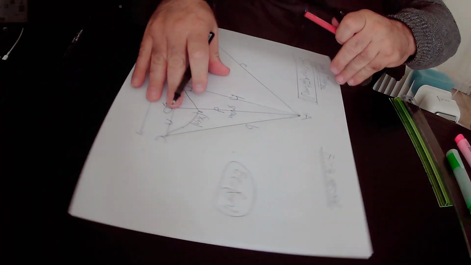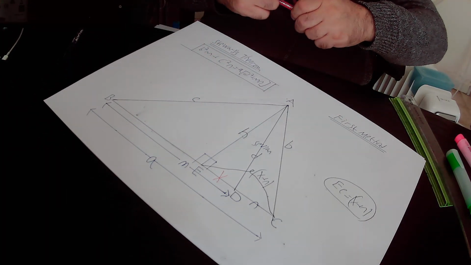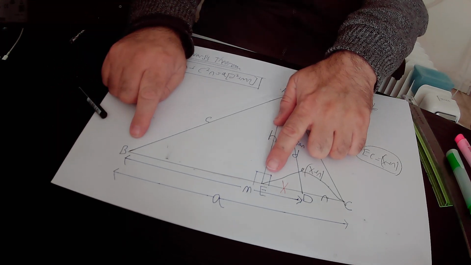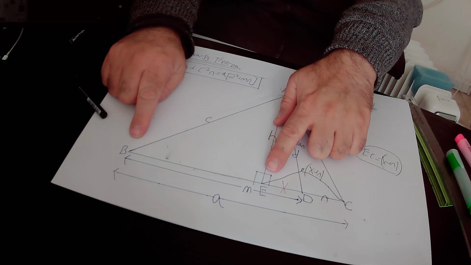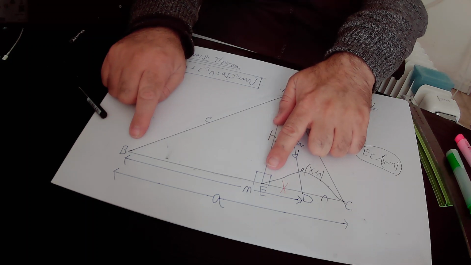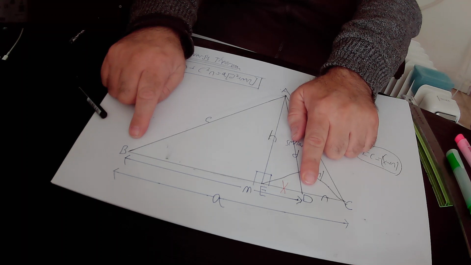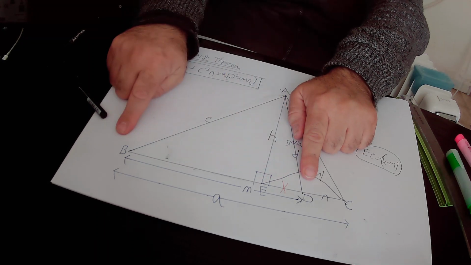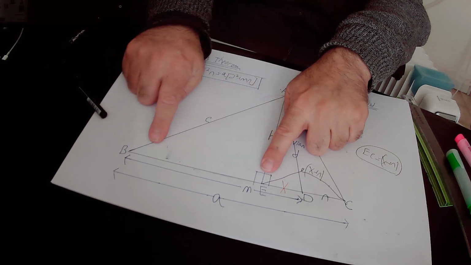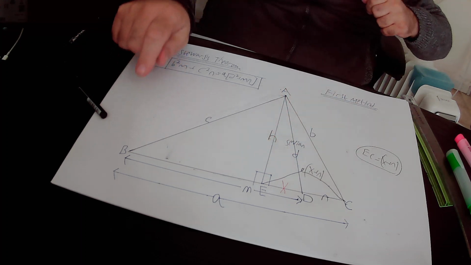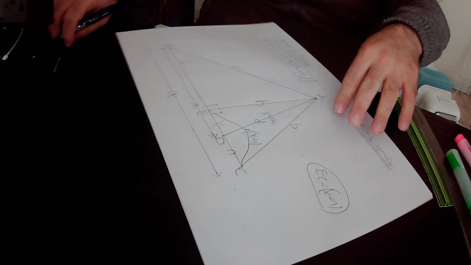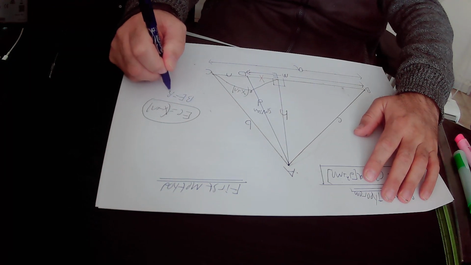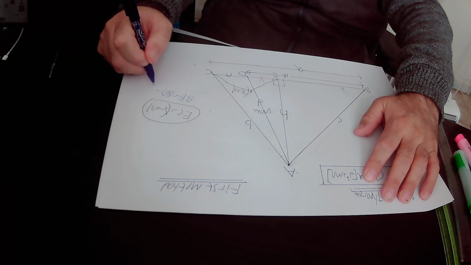And what is the length of line segment BE? It is very easy to see that BE equals BD minus ED. BD minus ED equals BE. I write it down. BE equals BD minus ED.